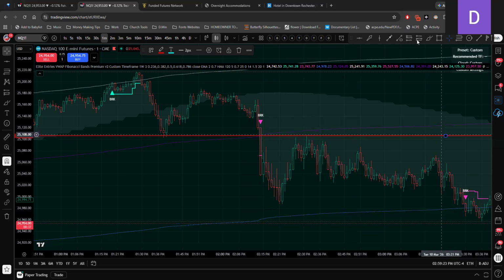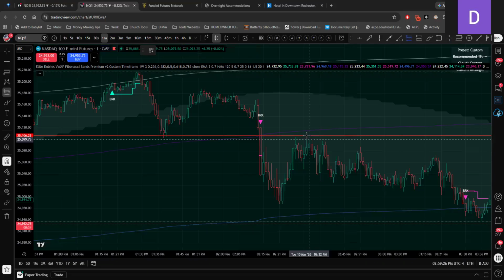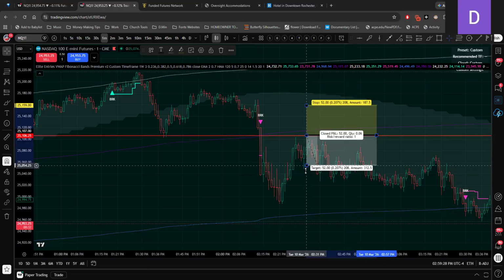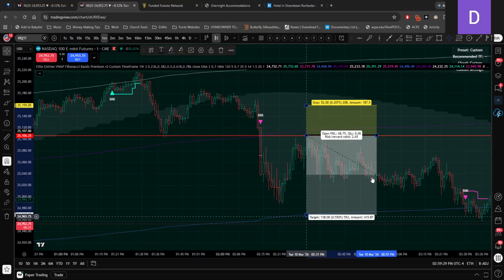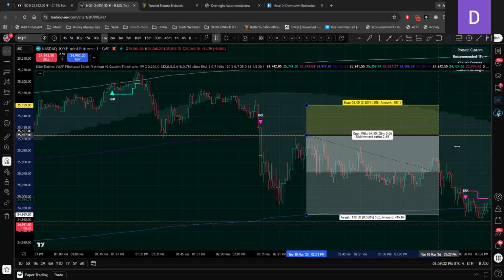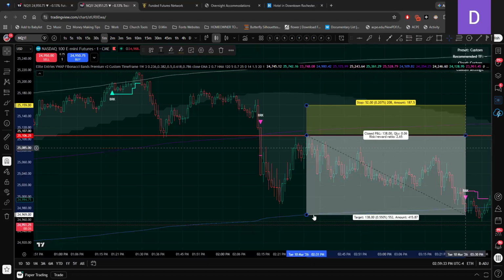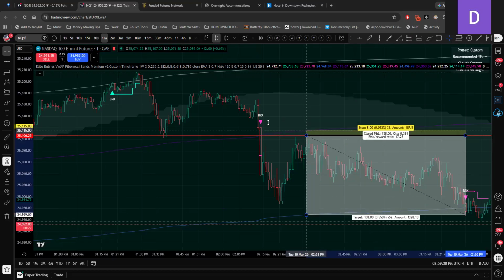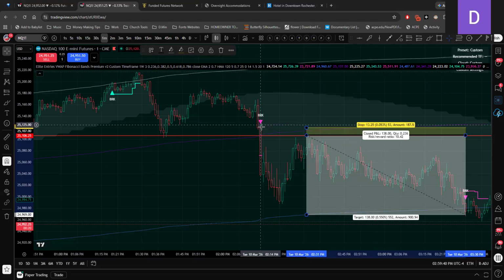Where's your take profit? Here, right here. Boom. You get filled right here. Put your stop loss right above the candle, right above that candle close. Target right there.